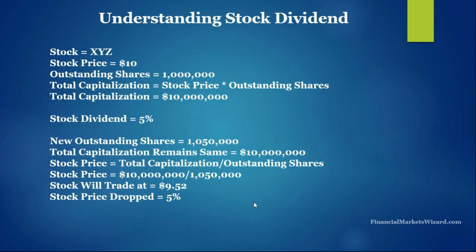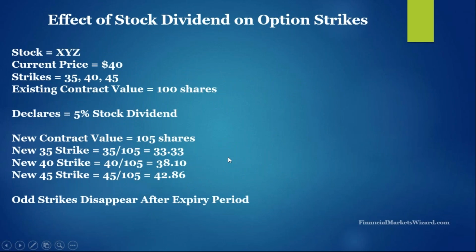Nothing happens to your portfolio right at that moment, but when the company's stock price appreciates, your portfolio increases. So it's like bonus shares. Nothing happens at this time when you get it, but later, who knows, it drops to 9.52 and then it closes at 9.66. So right there is a 14 cents gain on 105 shares.